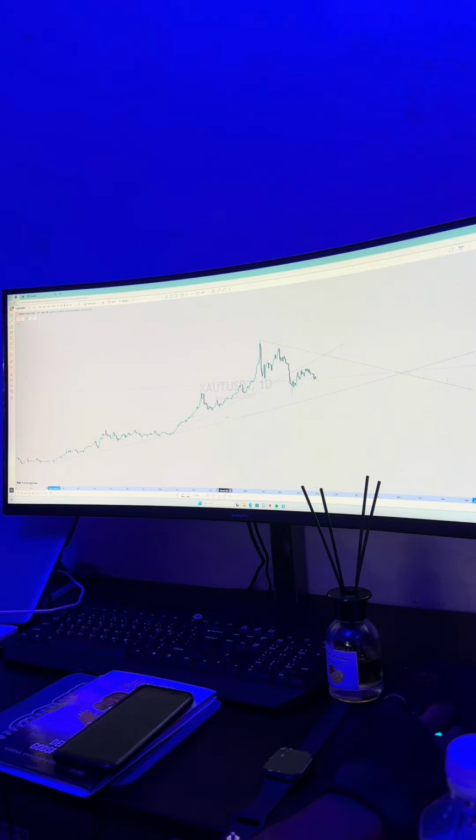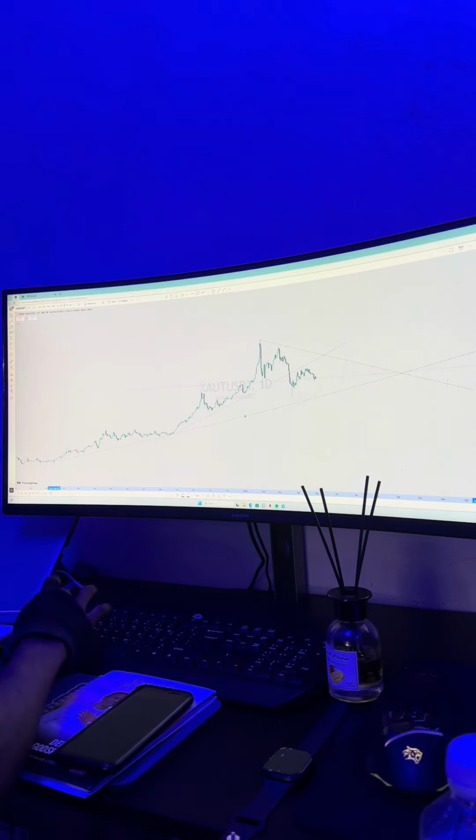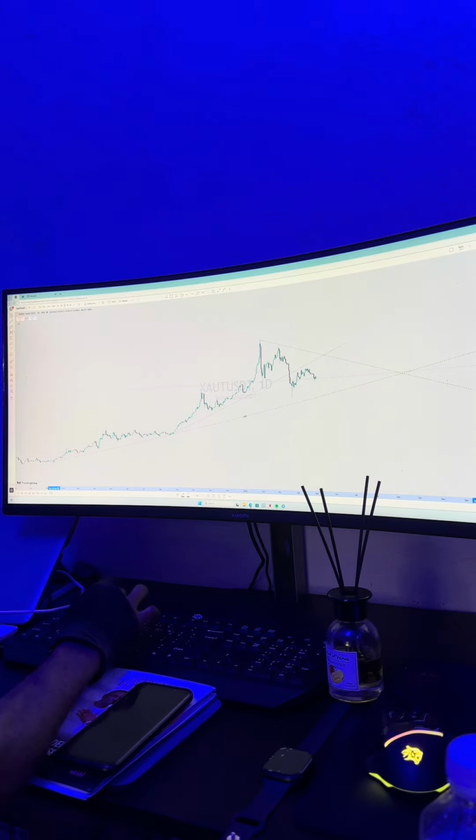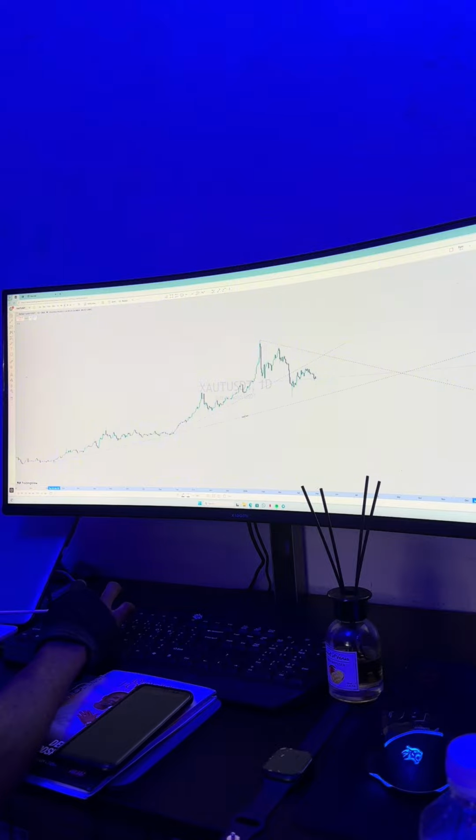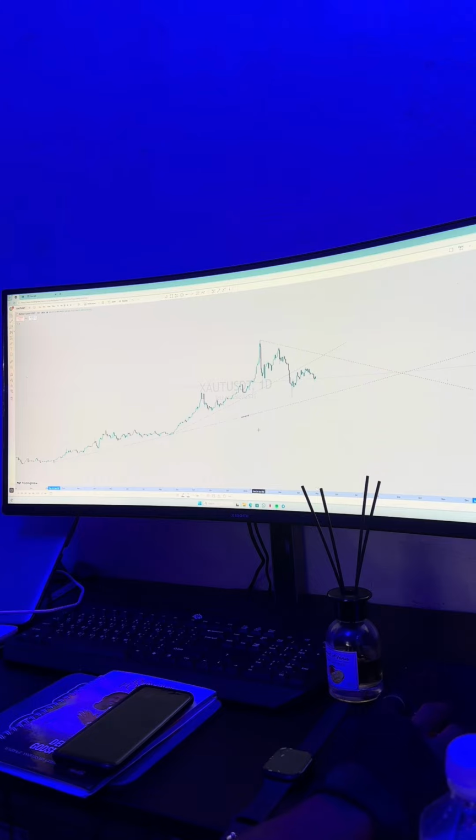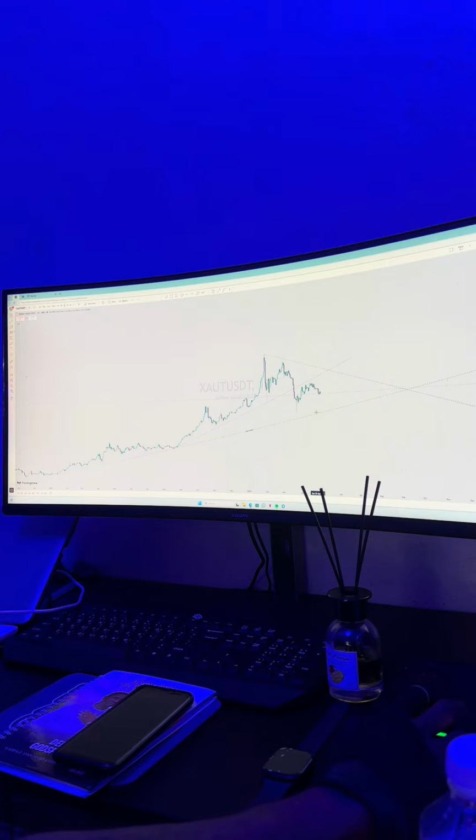Yeah, it should be the main trend. You can clearly see this is our main trend, which is bullish on gold. If this trend is broken, then we automatically become bearish on gold.